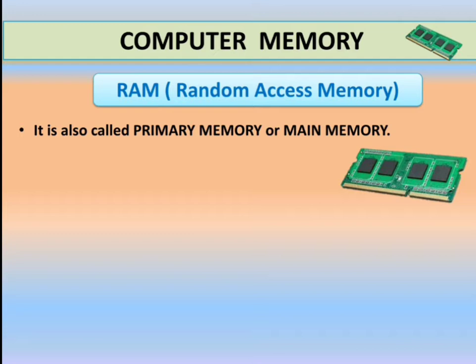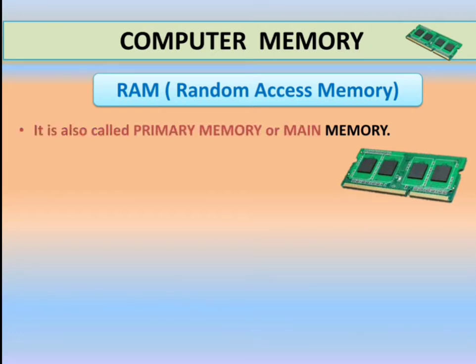RAM. RAM stands for Random Access Memory. It is also called primary memory or main memory. So students, it stores the data and instructions temporarily in the computer. Temporarily means only for some time.